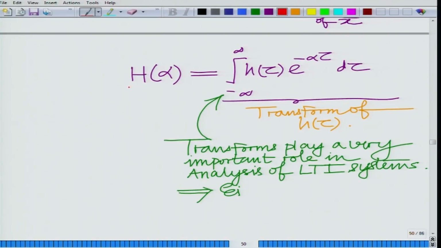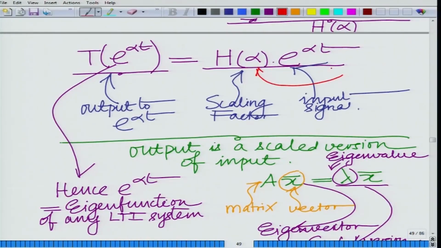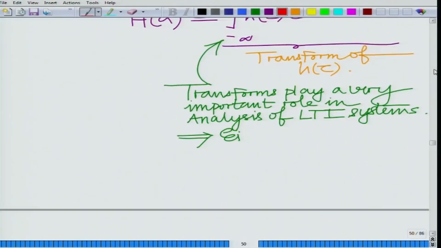In fact, you can see from the context A x bar equals lambda times x bar that the transform is equivalent to the eigenvalue corresponding to this eigenfunction.